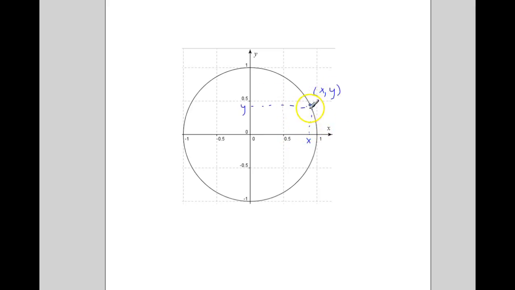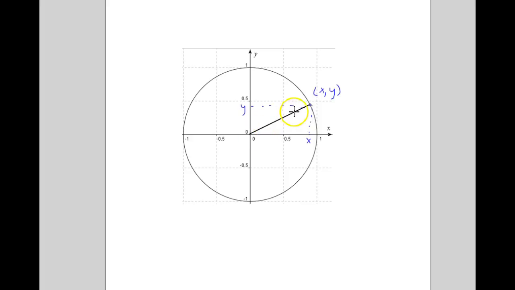But we can also come up with that point using what we talked about in the last video, an initial side of the positive x-axis and then a terminal side of rotating that up.